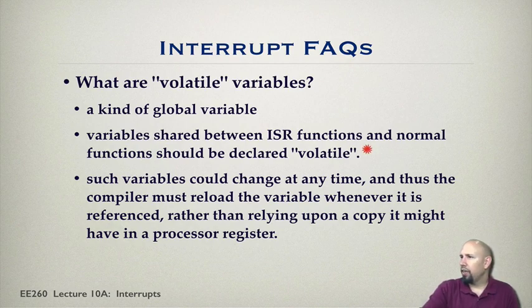Such variables could change at any time. In particular, they could be changed in the middle of an interrupt, and so the compiler must reload the variable whenever it is referenced, rather than relying on a copy that it might have in a processor register. So this prevents using a value that was corrupted because of an interrupt.